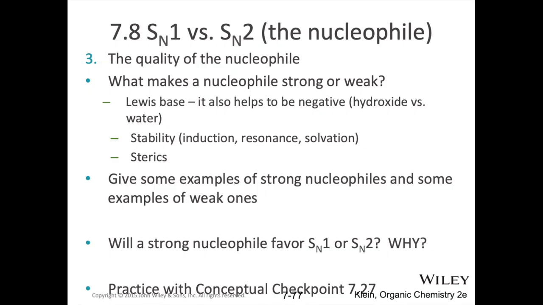We'll see that nucleophiles can sometimes act as bases, and that tends to encourage the elimination reaction over the substitution. So something to watch out for. Sterics play a pretty big role in making your nucleophile more like a base and less like a nucleophile. Okay, so generally speaking, a strong nucleophile will favor your SN2 mechanism.